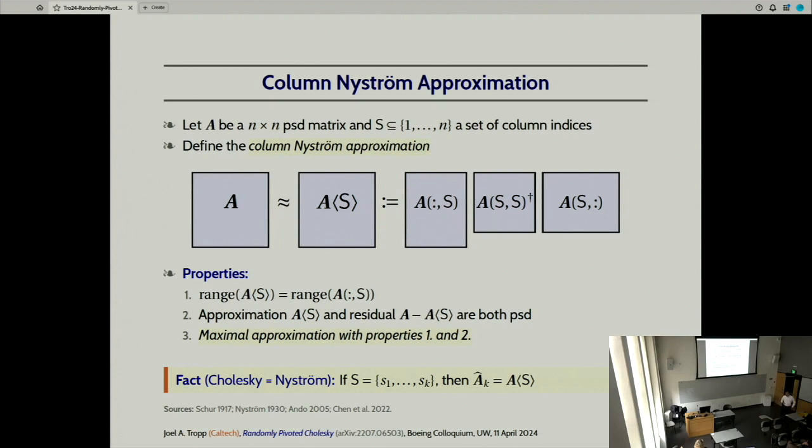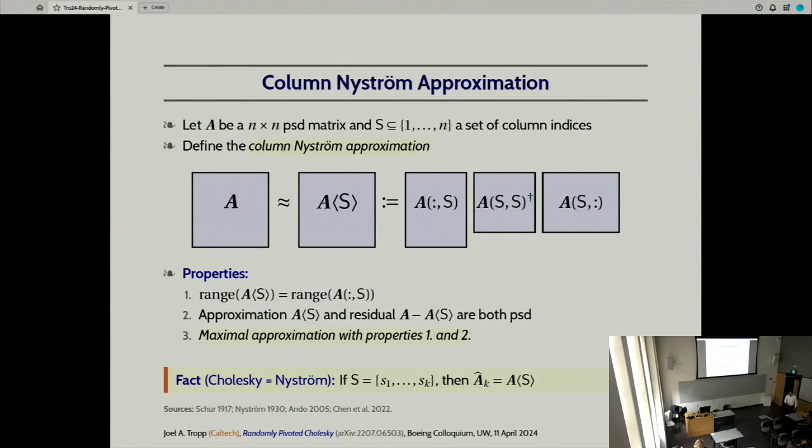All right. Now, what's remarkable is that the Cholesky method produces a Nystrom approximation. So if you pick pivots S1 up to Sk in any order and collect them in a set S, the output of the pivoted partial Cholesky method is exactly this Nystrom approximation, again, regardless of the order of elimination.